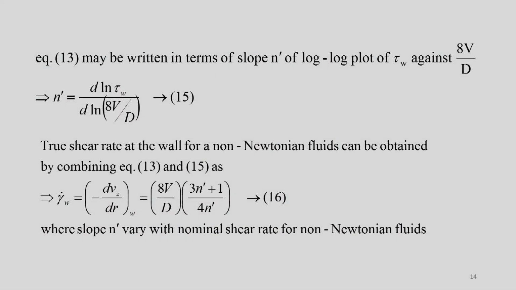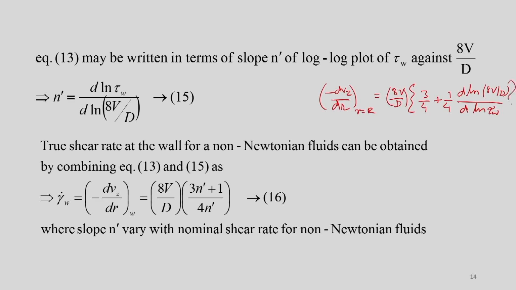Now, from equation 13 we have minus dVz by dr at r equals R is equal to 8V by D multiplied by (3/4 plus 1/4 d ln 8V/D divided by d ln tau w).